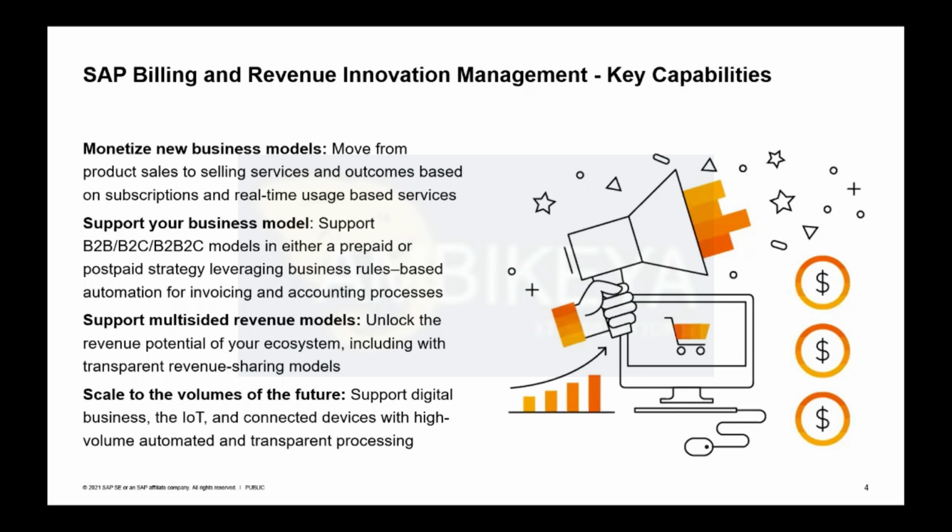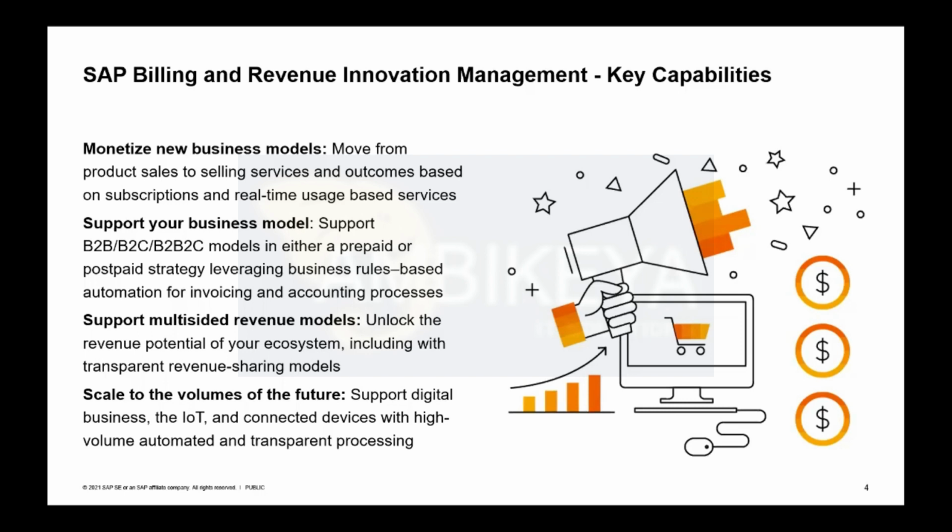We are as well able to keep prepaid price models and also postpaid price models in this environment. Especially with our process chains, we have high automatization here for invoicing and accounting processes, but as well for the rating of usage of high volume consumptions.